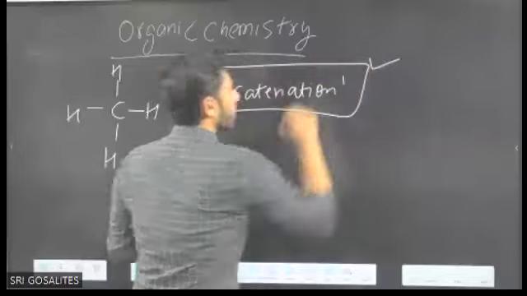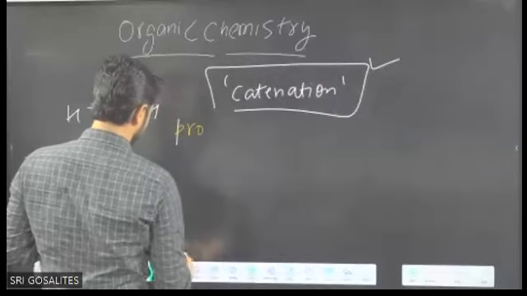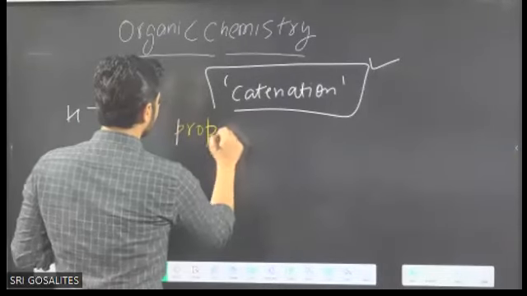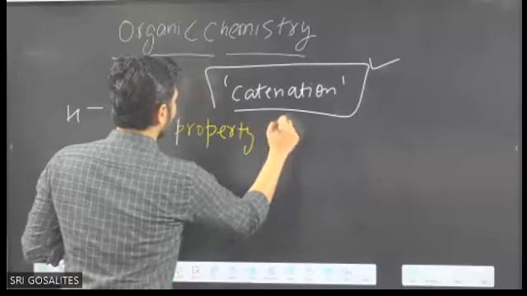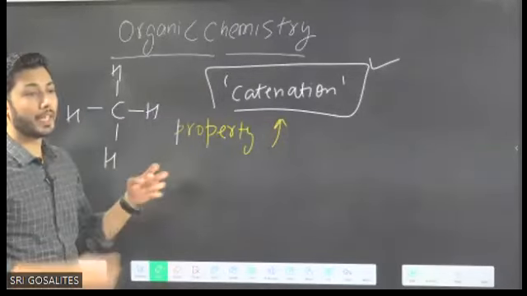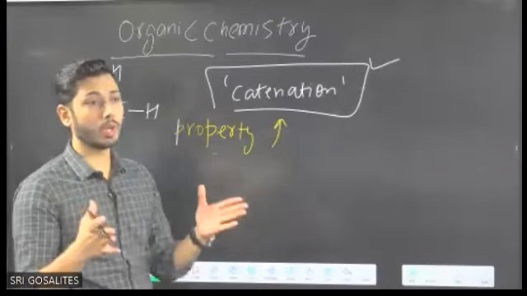Due to this property, which is catenation, carbon can form long chains, chains having strong bonds.